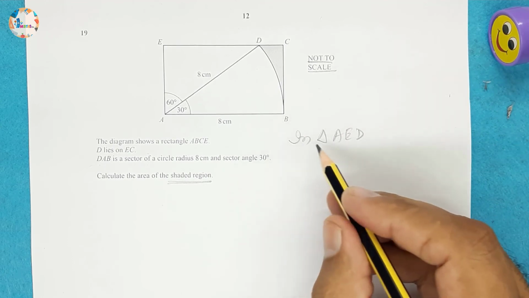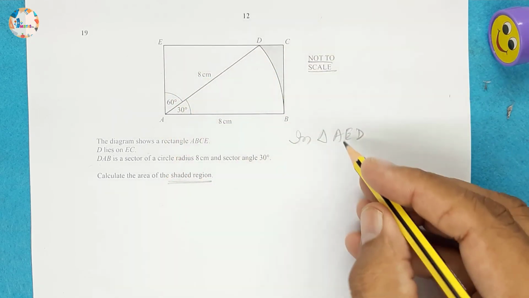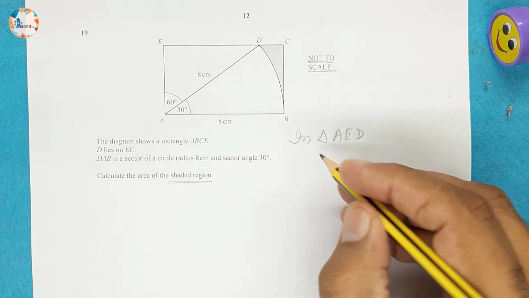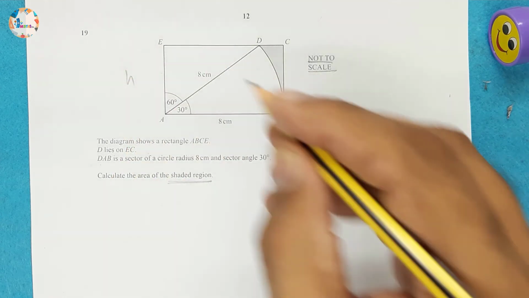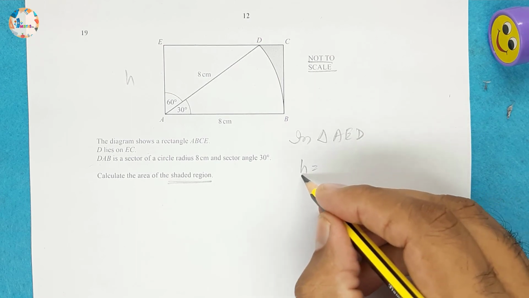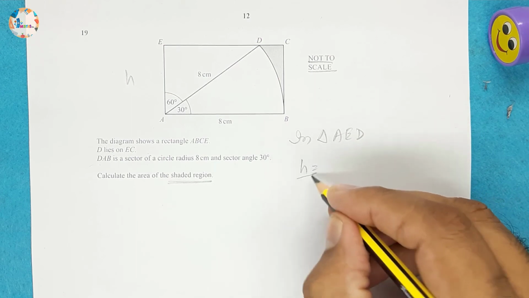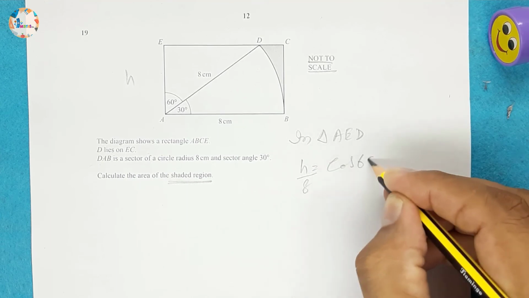So in triangle AED, adjacent over hypotenuse will be equal to cos 60 degrees. If this is h, then h over 8 will be equal to cos of 60 degrees.